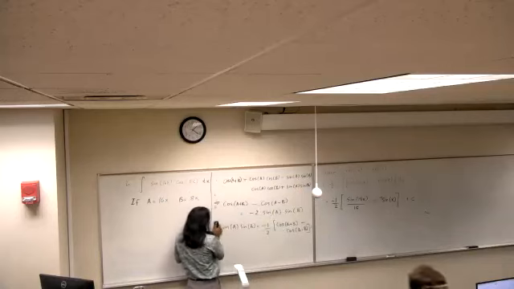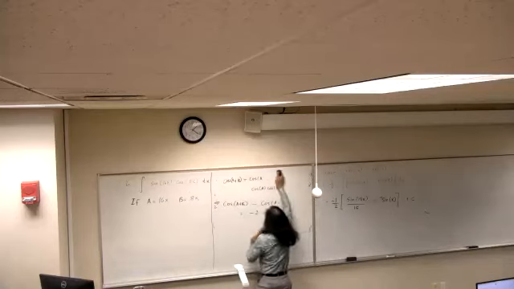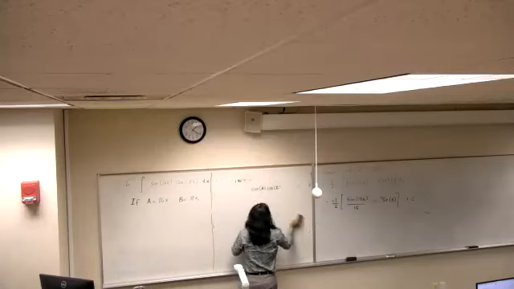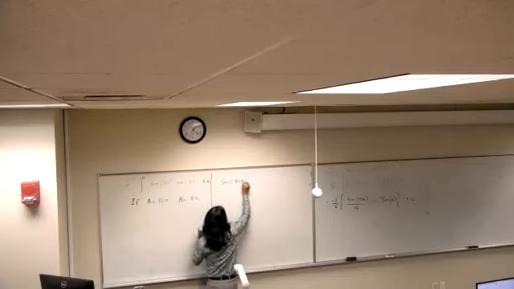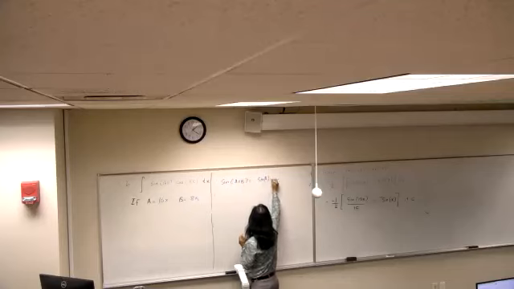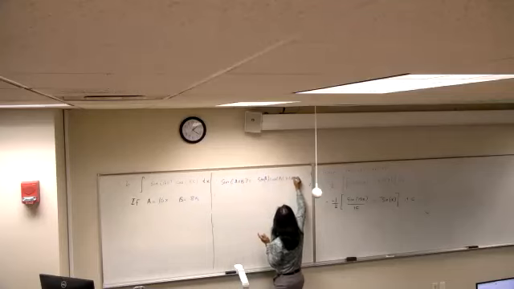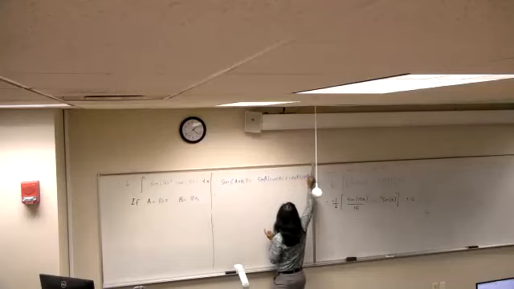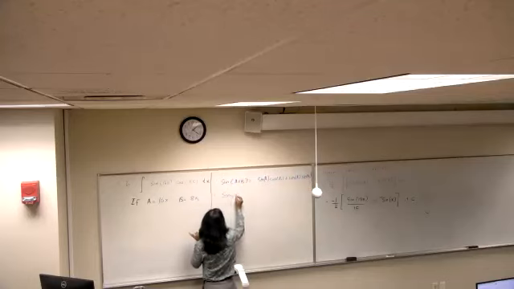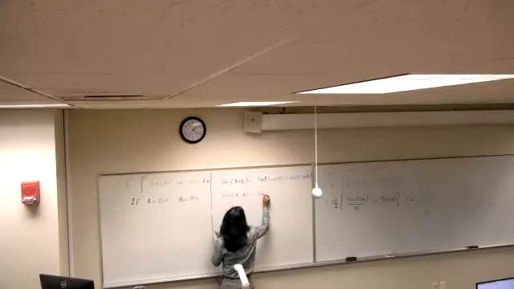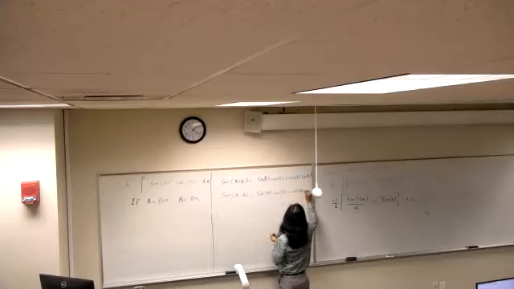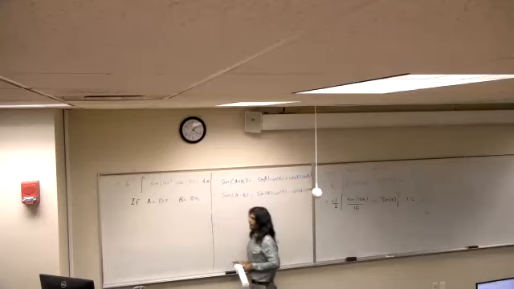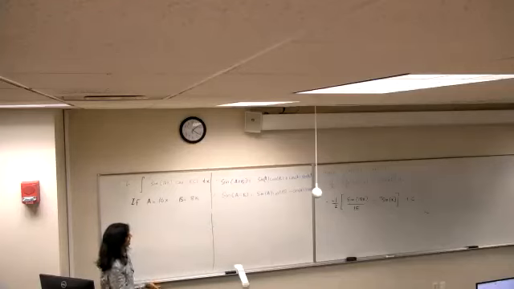However, since I have the identity, I know sine A plus B is sine A cosine B plus cosine A sine B. Sine A minus B is sine A cosine B minus cosine A sine B. I don't know why such negativity.